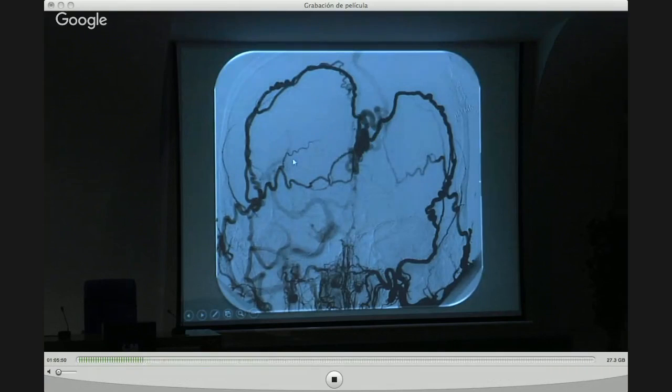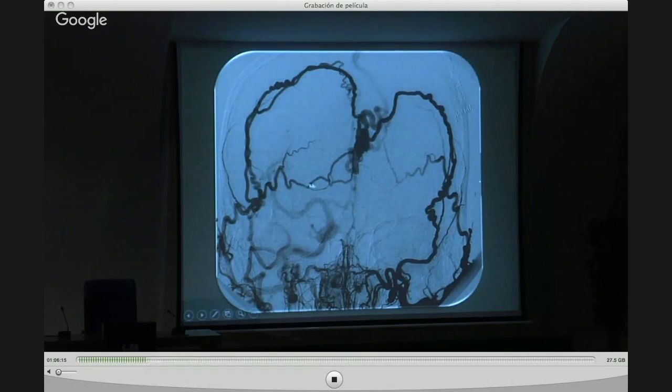Then after identifying these small channels, we need to be familiar with identifying them in the angiography runs. So here, if somebody can see a transosseous approach, the artery is right there, from here to here. The best way to identify is if you see an epicranial artery, as in this case, a superior temporal artery, it is tortuous here, and at this point becomes straight.